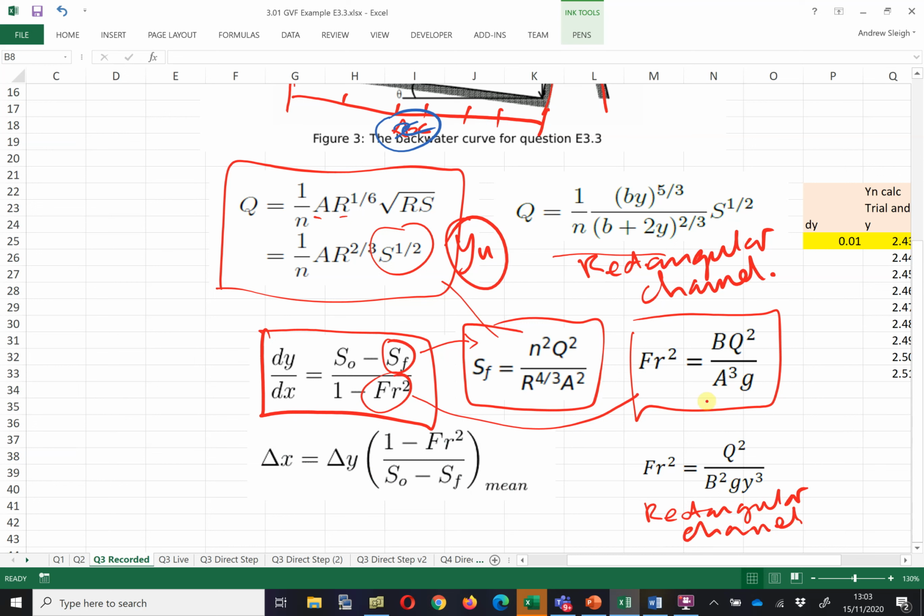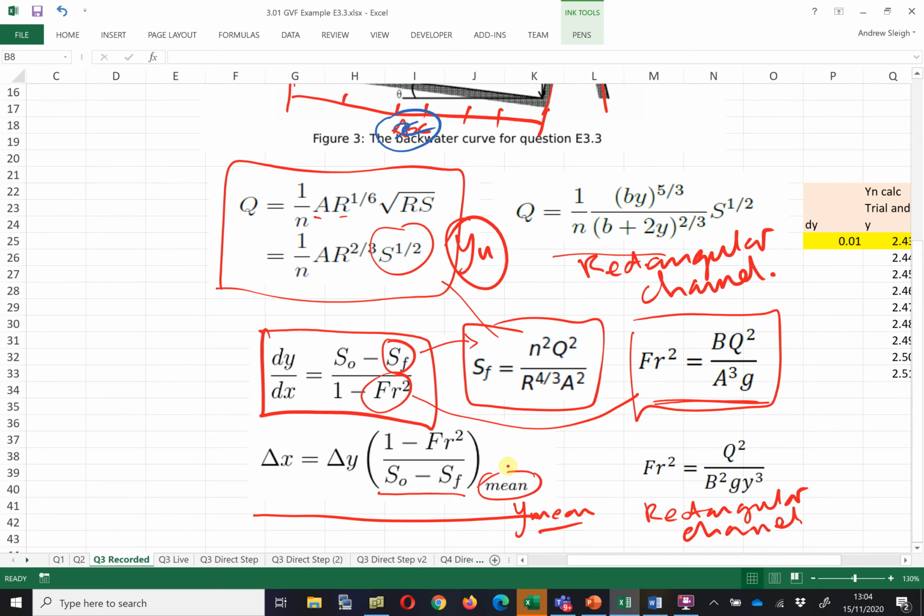Again, I think I prefer to use the main equation and just calculate A and B for a rectangular channel and put those in the standard equation. And this is the numerical approximation we're going to use. We're going to calculate all these terms at a mean value. We're going to have a y mean, and we'll see how we get to that. Okay, keep your equations handy. That's the message here.